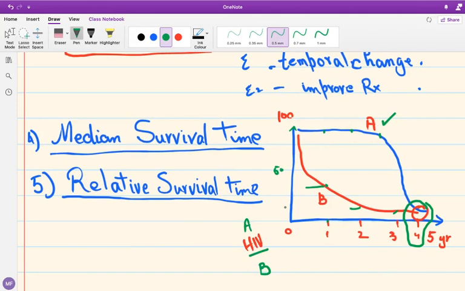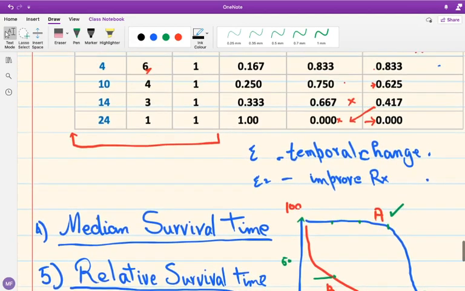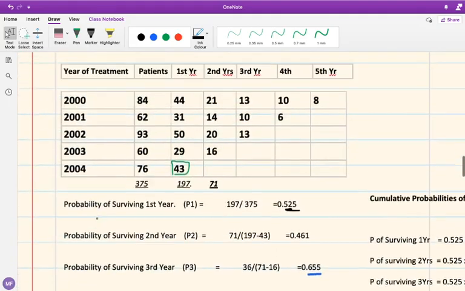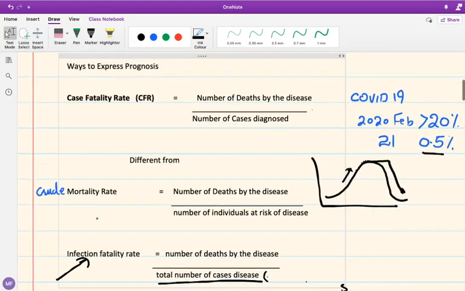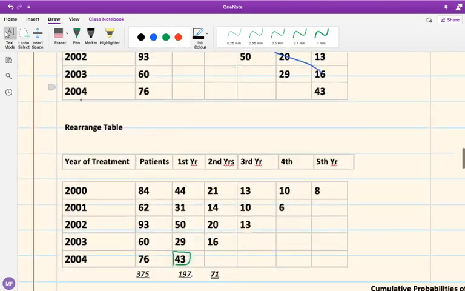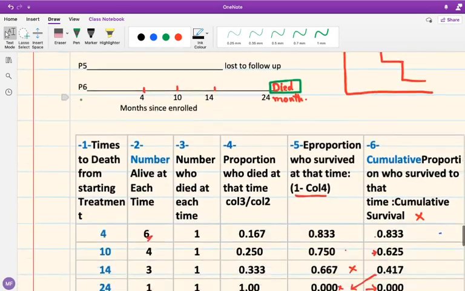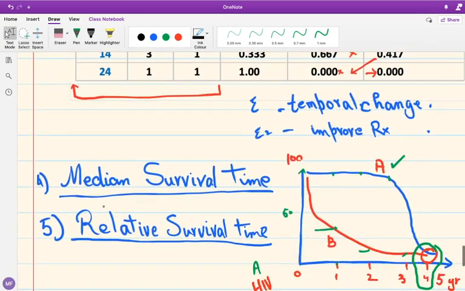So this is how we learned about the severity of a disease, and this is how we can gauge the prognosis of a disease. There are 5 tools which have been discussed over here: case fatality, then observed 5-year survival, life table calculation, and Kaplan-Meier survival, followed by median survival, which is just an alternative to the mean.